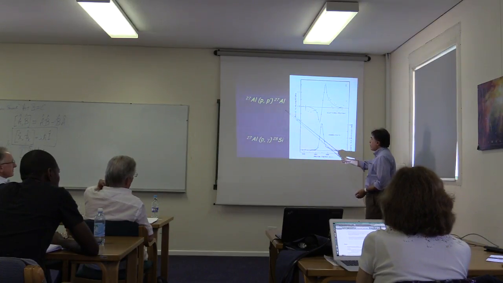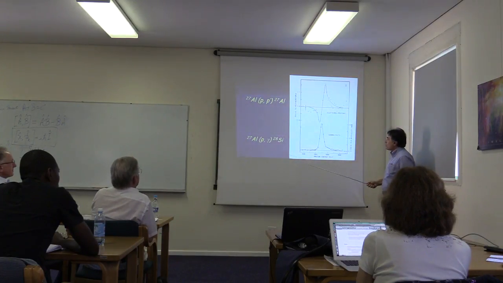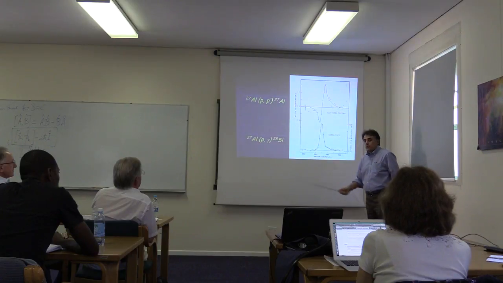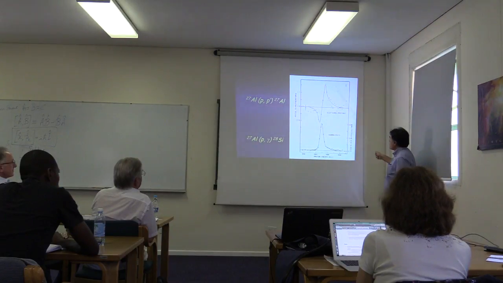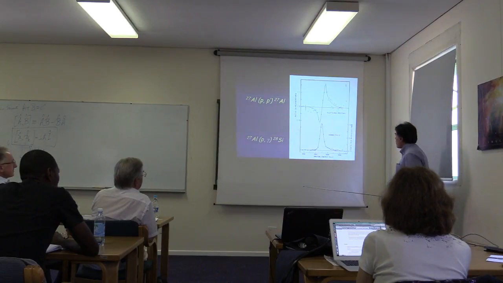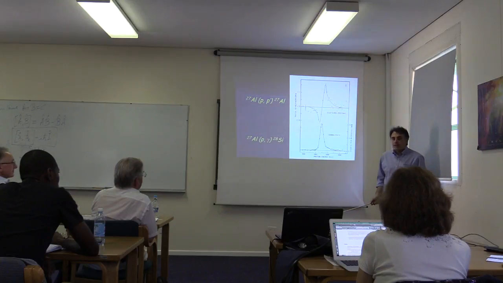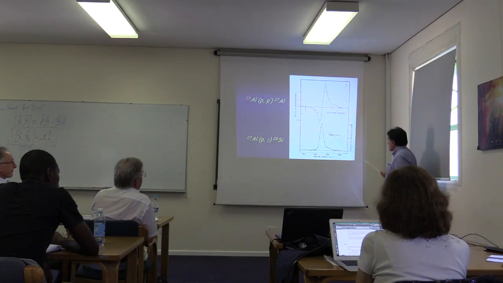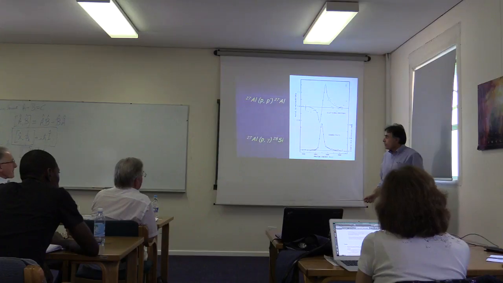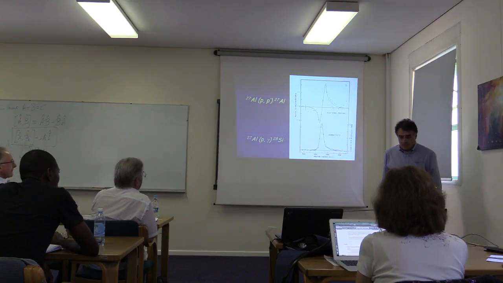For example, if we bombard aluminum with protons and look again at protons in the exit channel, we observe something very interesting. It has a very complex shape. But if we only observe gamma in the exit channel, we observe again only one peak, instead of this kind of shape that looks more like a diffraction pattern.